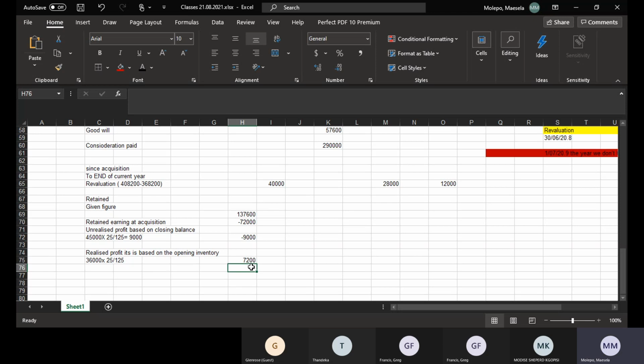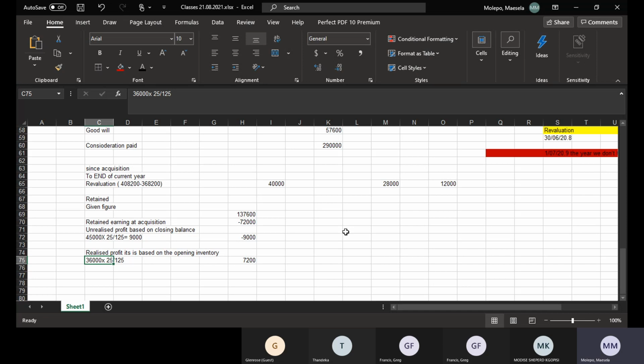So 36,000 times 25 divided by 125 is 7,200. This is now realized in the current year. However, remember that since AIM acquired its interest in A Limited, it purchased all its inventory from B Limited, and this was the balance on 1 July 2007.